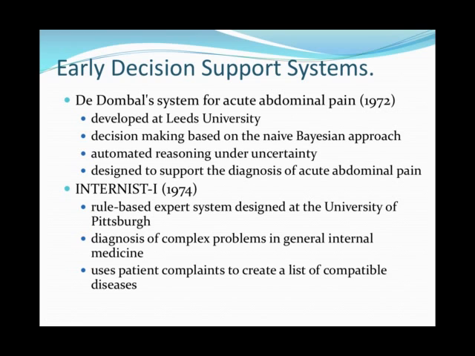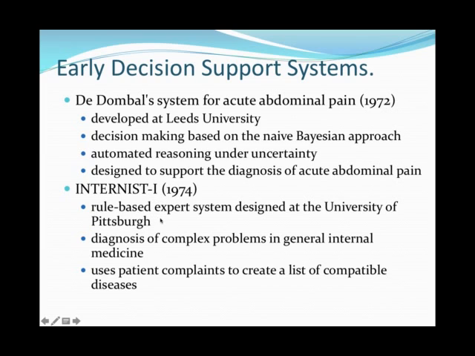It helped a doctor figure out the cause of the acute abdominal pain, especially trying to rule out things like appendicitis or diverticulitis, based on the information the doctor would input into the system.